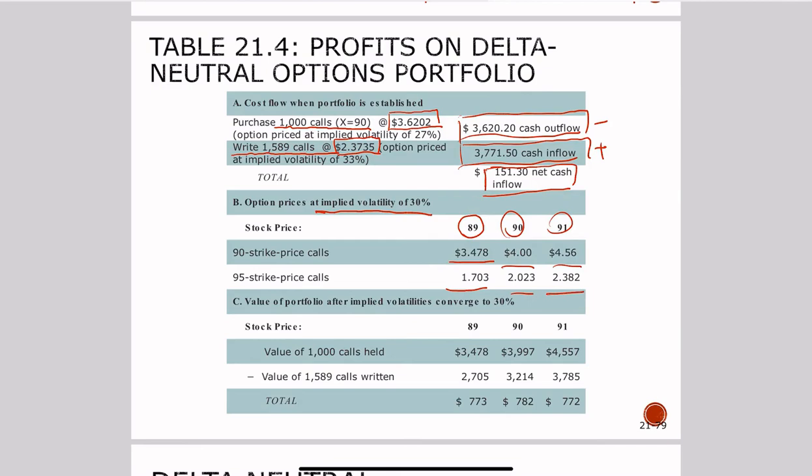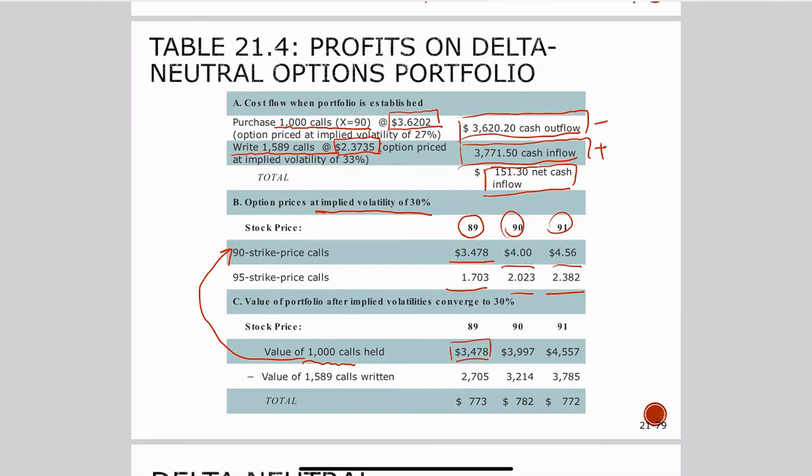Now, this is just the per call price. So what is your portfolio's value? Well, you can see that you have 1,000 calls of this guy. So your long position's value would be just 3.578 times 1,000. So you will get this number.